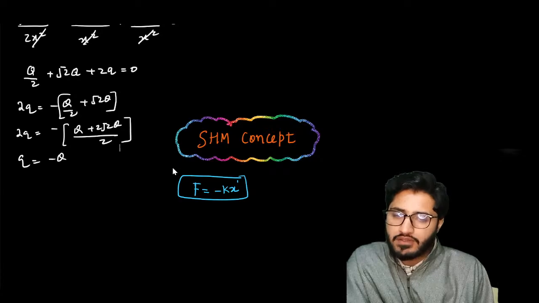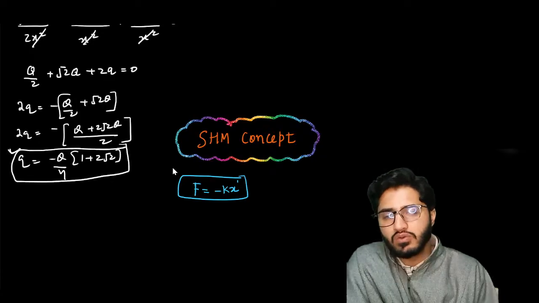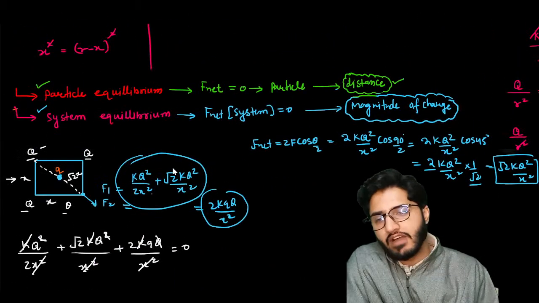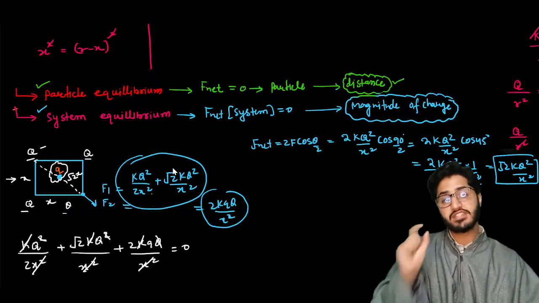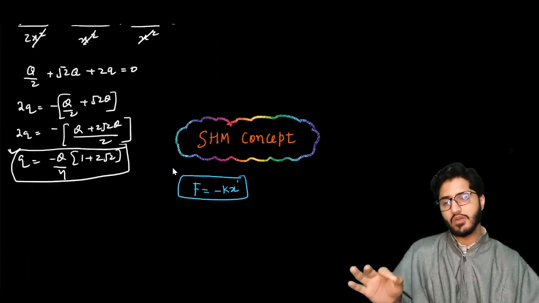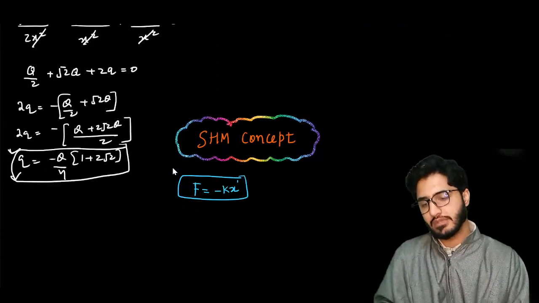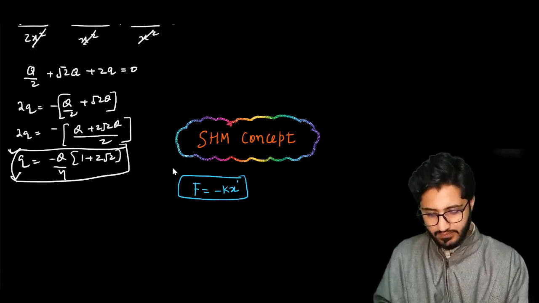So q came out to be minus q times 1 plus 2 root 2, then 2 to the 4. So this should be the value of my q, if I need this particular system to be in stable equilibrium. For the system, the value of the central charge would be this much. Okay, this is how we can do it now.